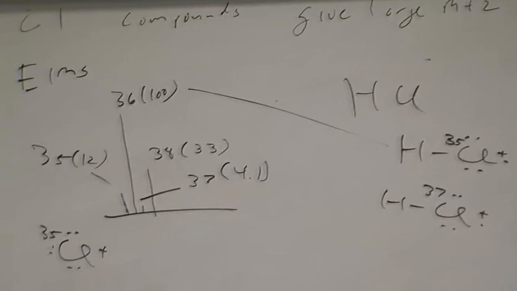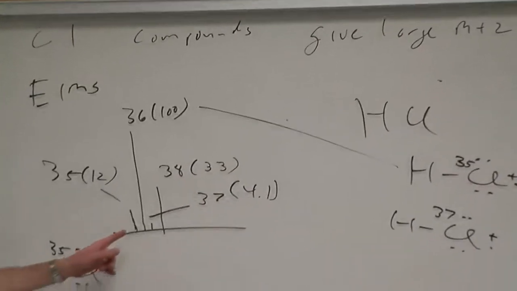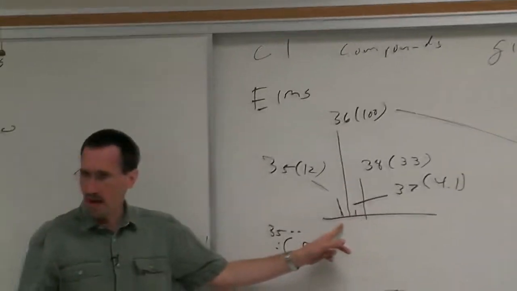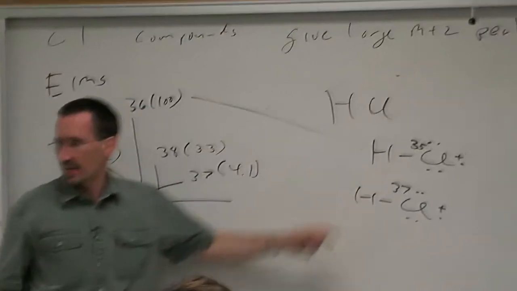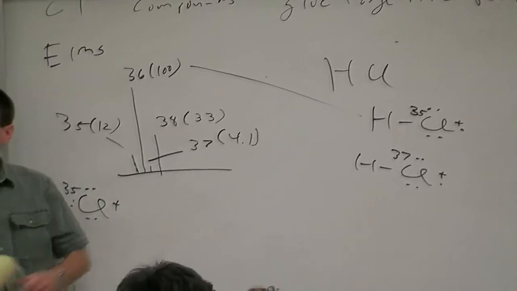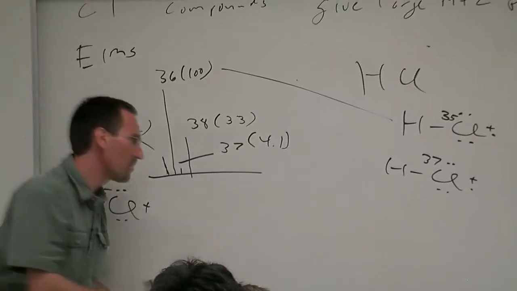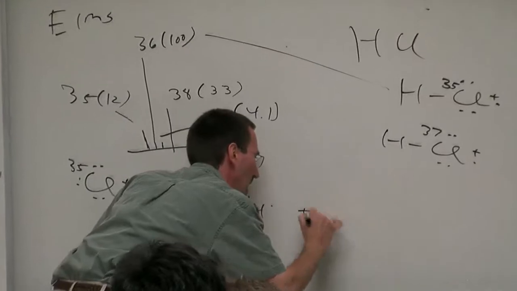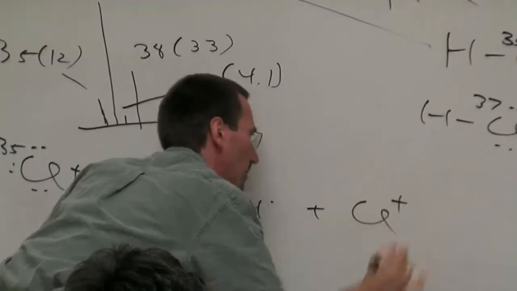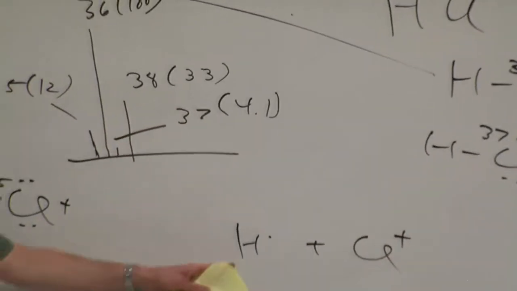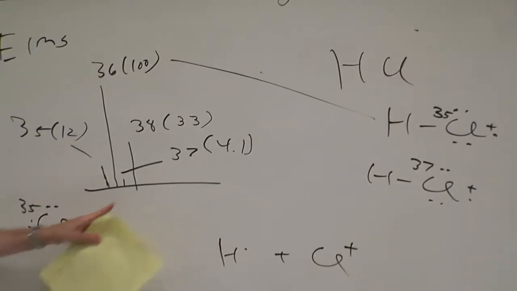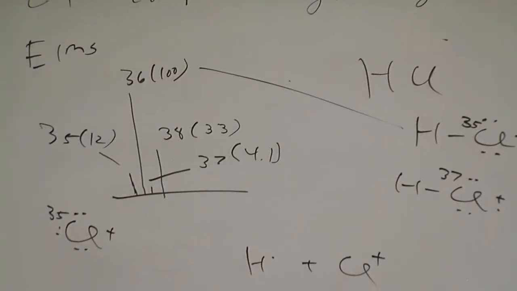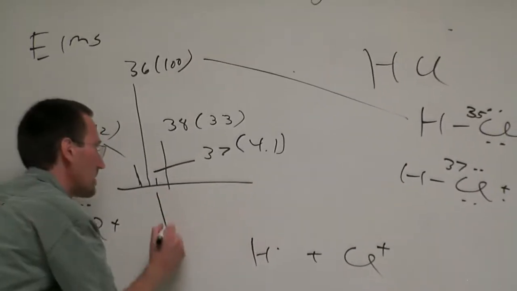We'll talk more about fragmentation, but with all the energy that's gone into the molecule, the bonds are vibrating. With an electron knocked out, the bonds are weakened, and so the molecule flies apart to give you H dot plus Cl plus. And you don't see H dot because it has no charge. And then the peak at 37, that's Cl37 plus.